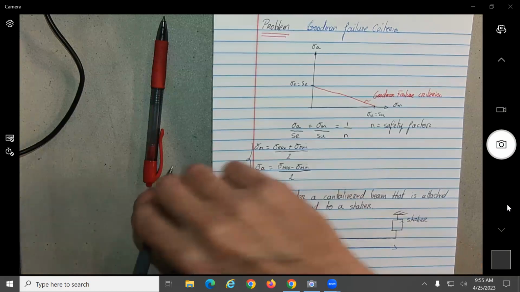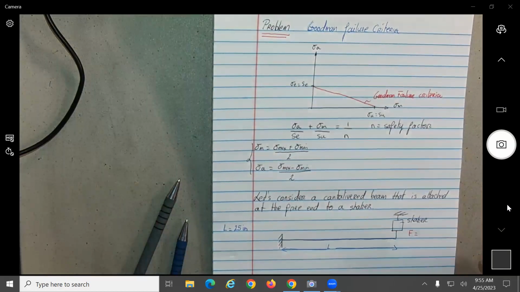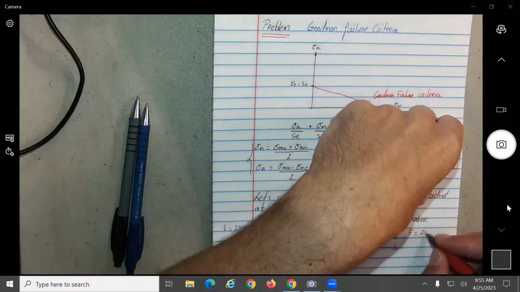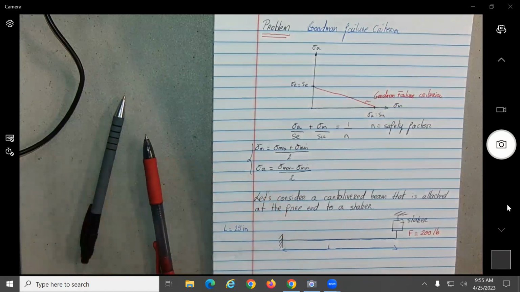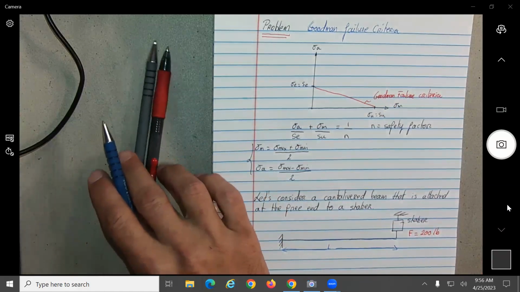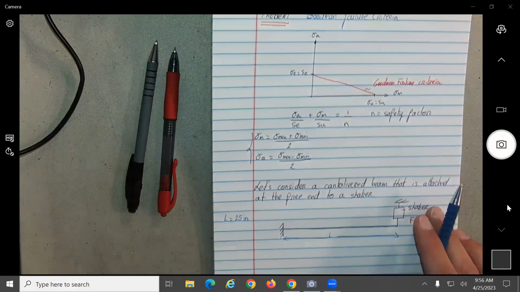So let's say the shaker creates a force. How much? 200 pounds, okay. Yeah, we're going to make that.